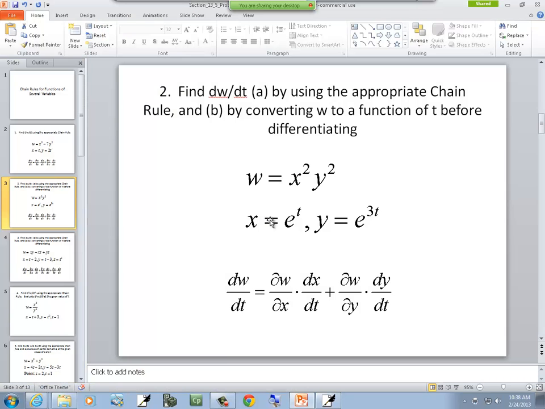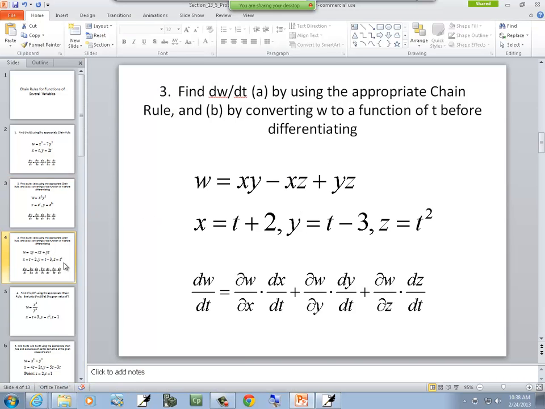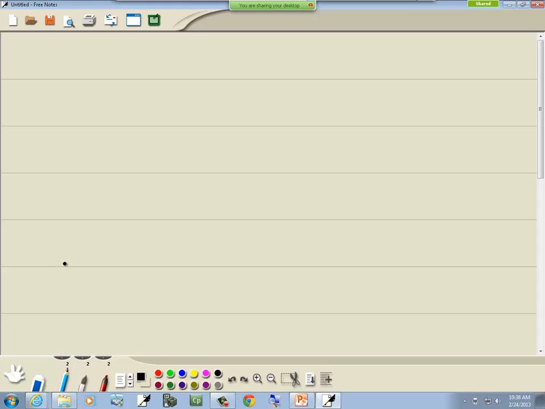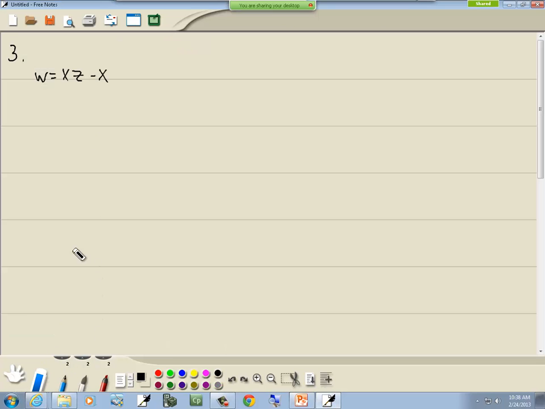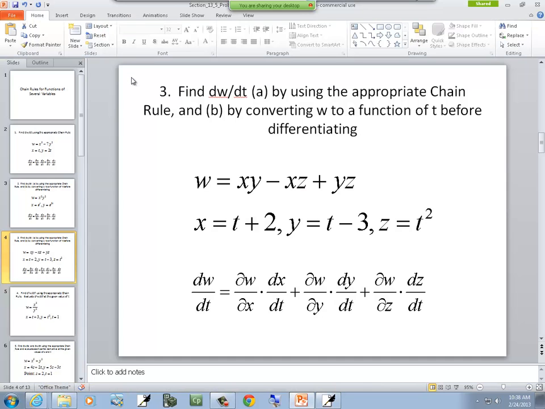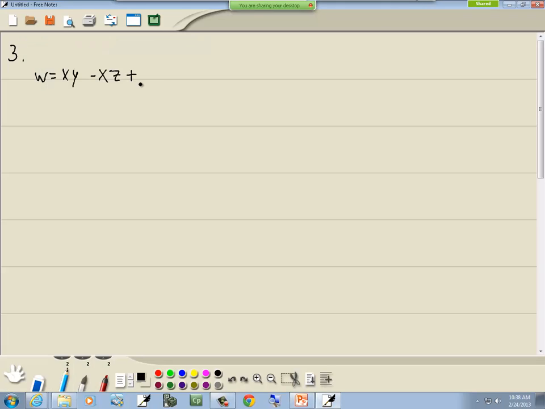Okay, let's look at our next problem. We've got w is equal to xy minus xz plus yz. Wait, I knew that wasn't right, you can't have xz minus xy.